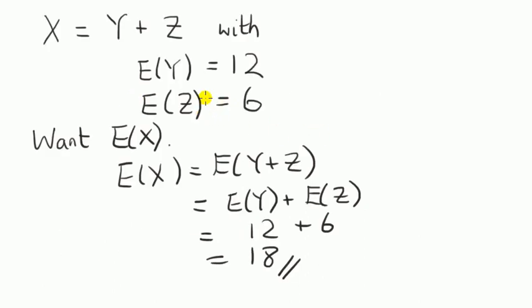Okay, the expected value of x when x is equal to y plus z is 18. Now, if we have 1 plus y plus z, think of it as shifting all the numbers of x up by 1. So what will happen to the expectation, the mean of x? You'd imagine, using common sense, that it will also shift up by 1. So the answer will be 19.